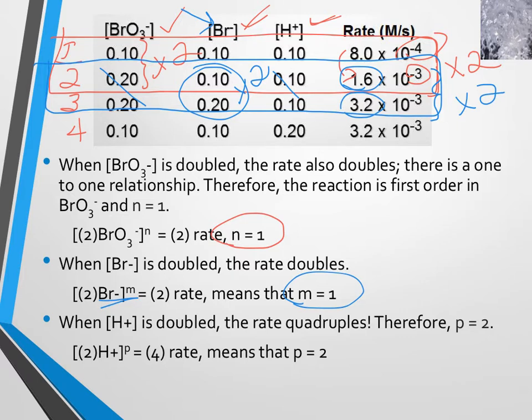All right, so now let's check out the order with respect to the hydrogen ion. What are the 2 experiments we compare? I think that looks like it would be experiments 1 and 4.